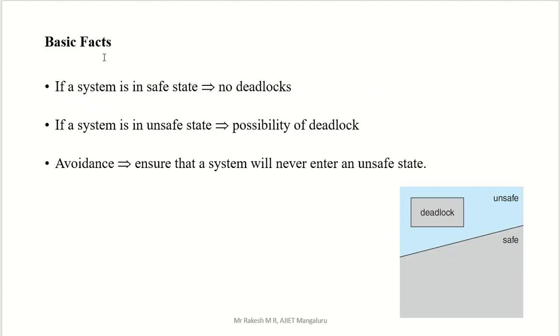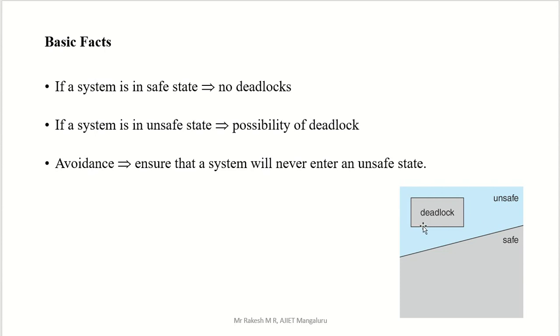The basic fact, as you can see in this diagram, is that deadlock happens only in an unsafe state. In a safe state, deadlock will not happen. So before starting your process execution, we have to check whether your state is a safe state or an unsafe state. If your state is unsafe, definitely there may be a chance of deadlock.